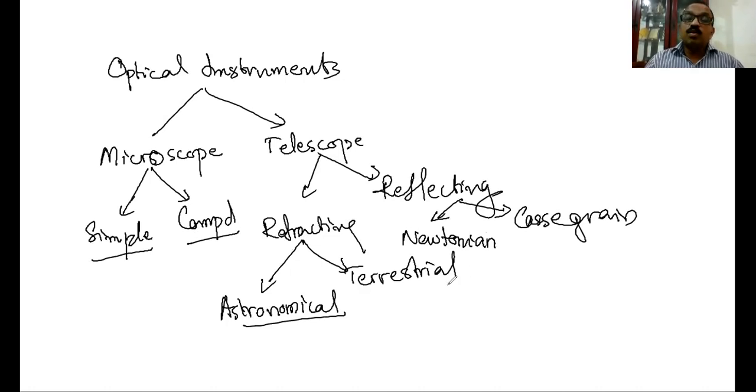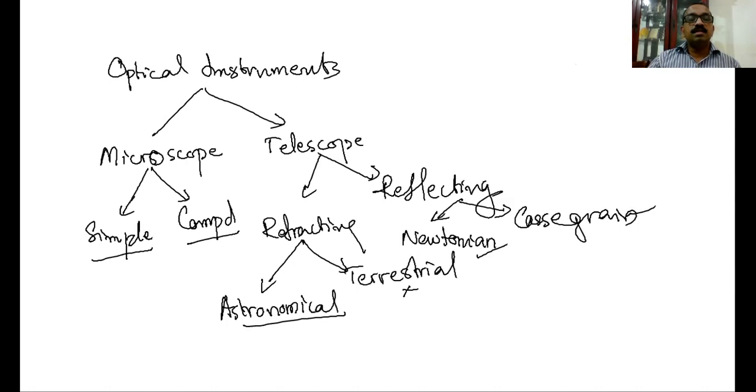Terrestrial telescope, we don't need to learn as per the syllabus. Further, for the Newtonian and Cassegrain telescopes, you may learn how to draw the ray diagram. That is the case as far as the content is concerned. So I hope it is clear. You can look at how the optical instruments are being classified.